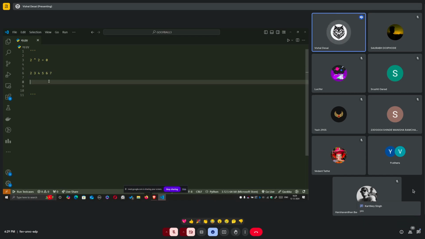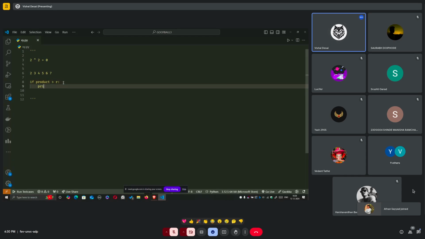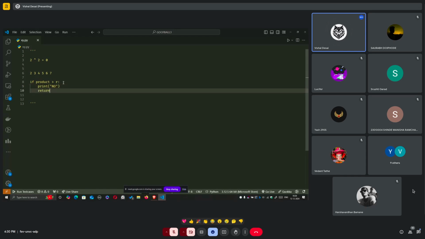So here, we can check a condition that if the product we have calculated till now is greater than our R, we have the range L to R, so we just print no and return. So this is the major case.